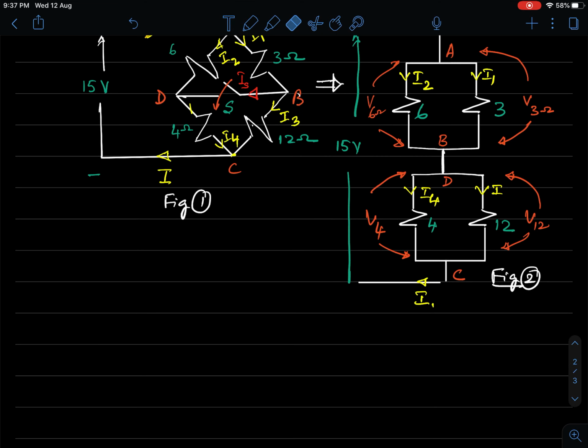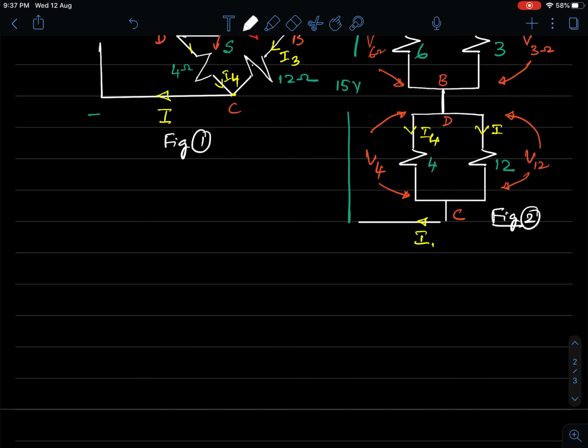So I'll draw one more figure. This figure will be clearer, in the sense, a few things will become clear. I'll put one resistance here and I'll put another resistance here. I'll go back to the supply.